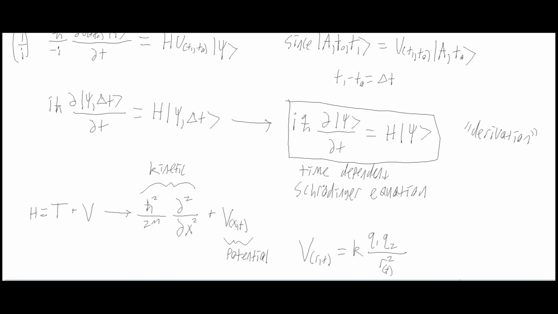And this h bar is just telling us that it is a quantum system. It's a constant that tells us how large a change can be.